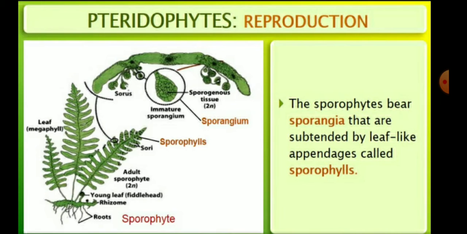So children, regarding the reproduction of the pteridophytes, the sporophyte bears the sporangia, that are subtended by leaf-like appendages called sporophylls. You can see in this picture the sporangia and the sporophylls.